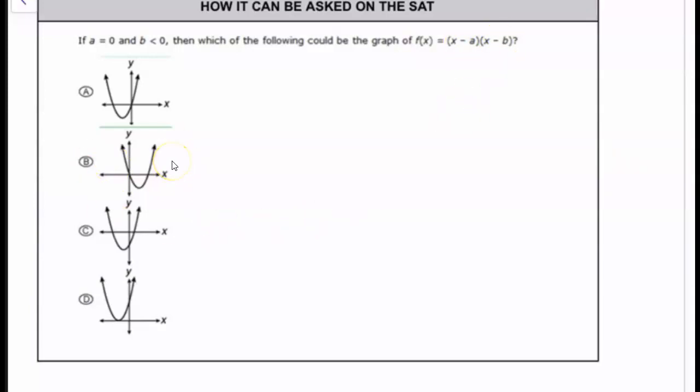It should be B. Be careful, because they tell you important information up here. If A equals 0, so I'm just going to rewrite it, f of x. If A is 0, it's just x by itself, because it's going to be x minus 0, which is just x. And B is less than 0, so that means B is negative.